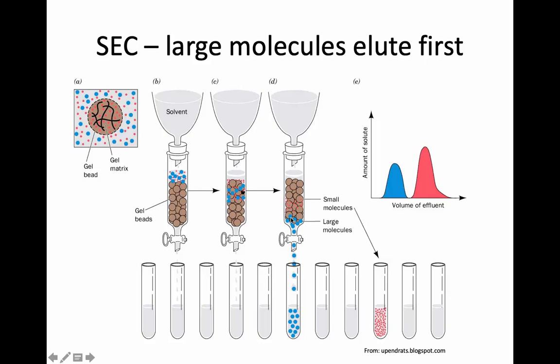By measuring the absorbance, or by quantifying the amount of analyte in each sample, we can plot it against the volume of effluent collected, and obtain these specific chromatographic curves, like in here.